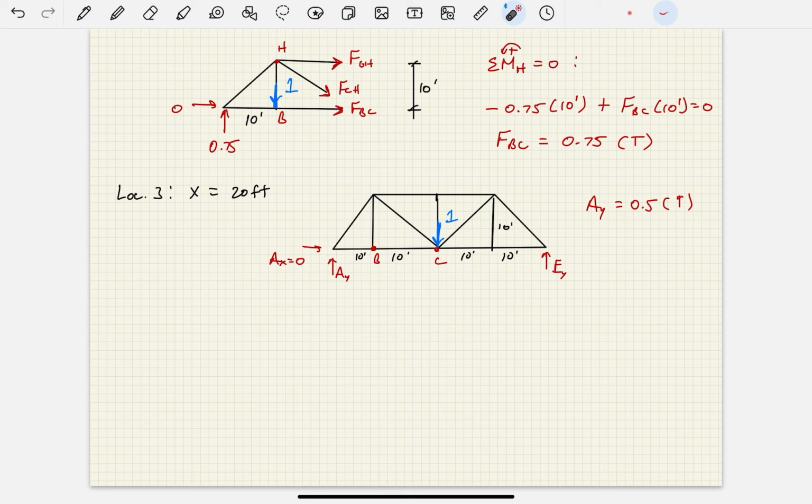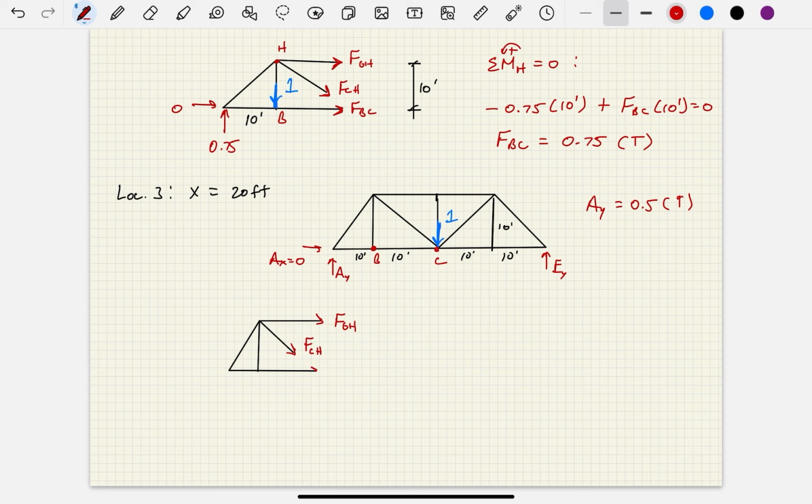And so now I can do a method of sections process again, and I'm going to make the same cut section through here and solve for that force in BC just like I did just a couple minutes ago, okay? And so by method of sections, I'm going to have, let's color coordinate, a very familiar looking cut section here, and this is the FGH again that I'm not really interested in.